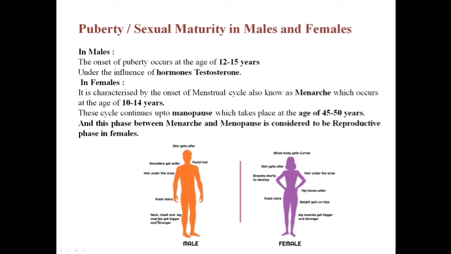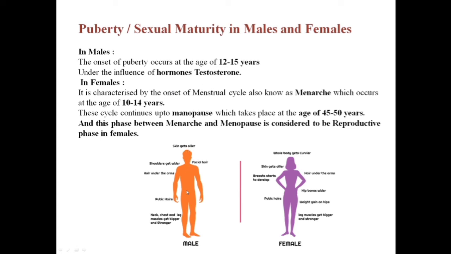The muscles of these parts become strong and heavy. Underarm hair is also observed. Thereafter, all these secondary characters under the influence of the hormone testosterone remain functional in males throughout their life.